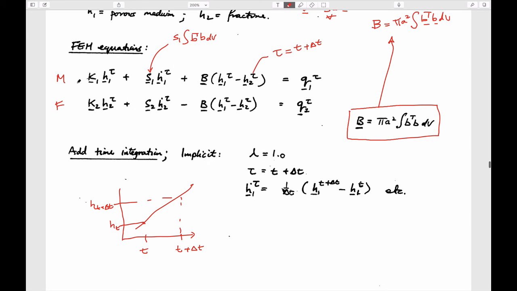And these equations are exact at that time, and we just have to define what the time derivative is, which is just equal to the change in head divided by the time step over which it occurs, which is basically delta H over delta T. So you remember that.